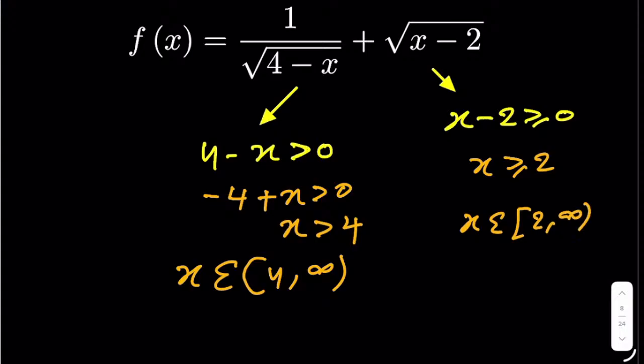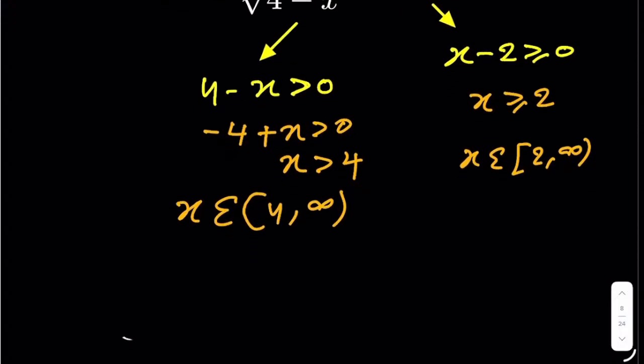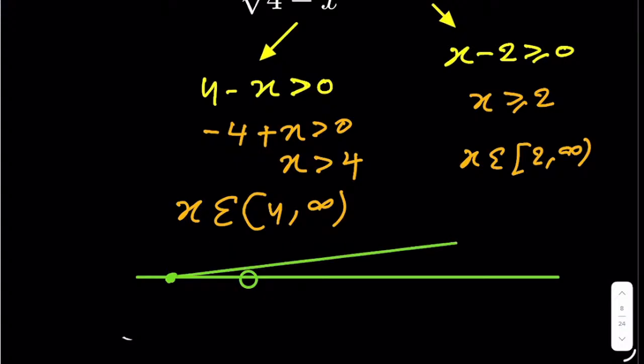I hope you understand. Now, after that, we use the number line method. Here 4, making zeros, and 2, here a dot at 2, because of the equal to. So 2 to infinity, simply here 2 and here 4.